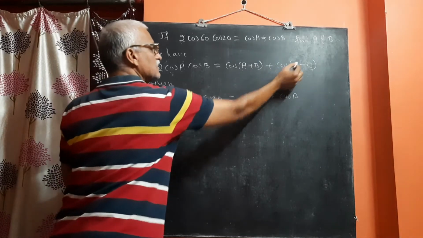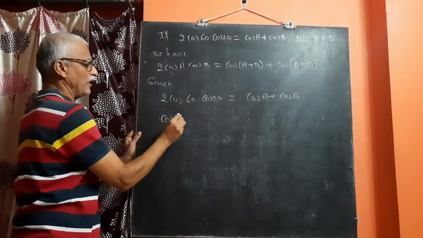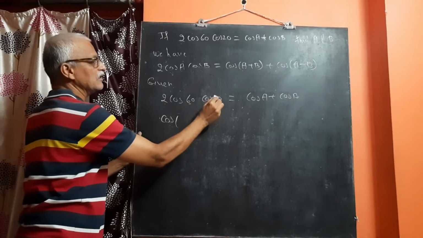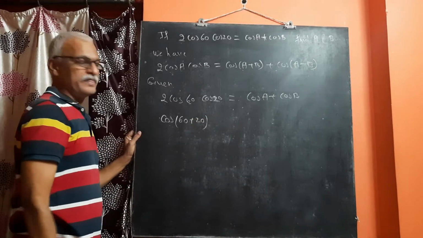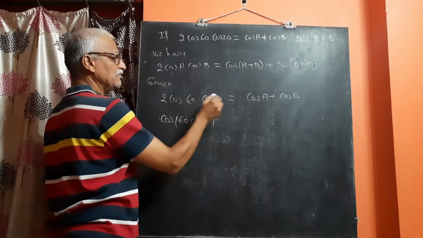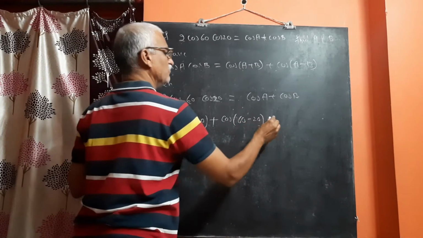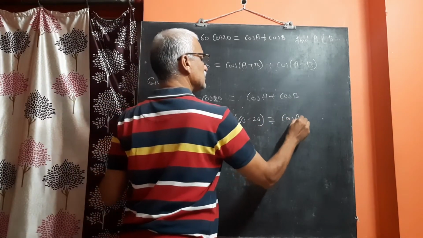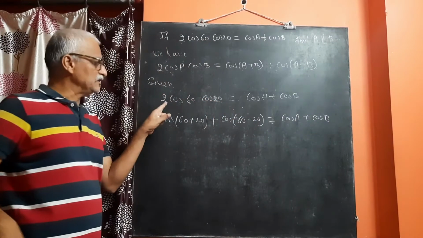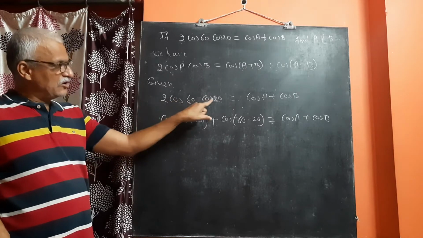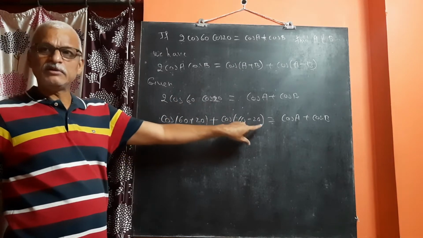Cos A plus B plus cos A minus B. That means this equals cos of 60 plus 20 plus cos of 60 minus 20, which equals cos A plus cos B.